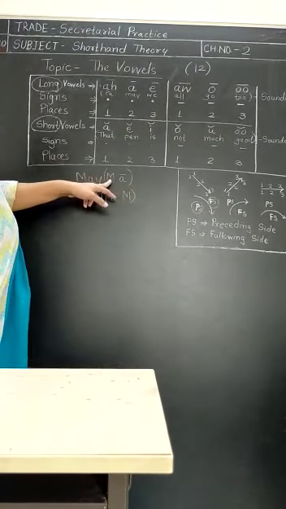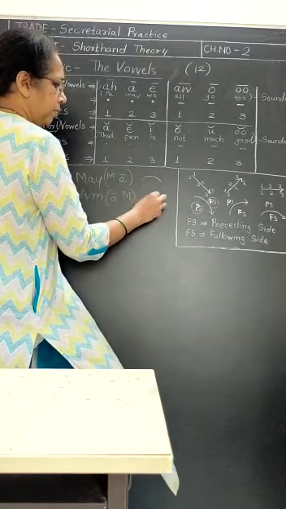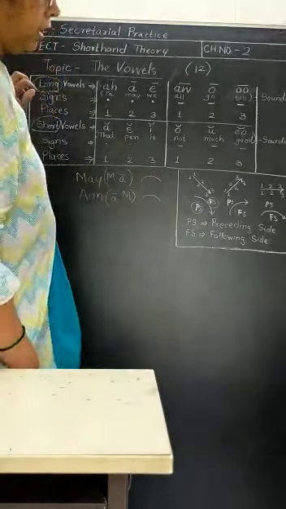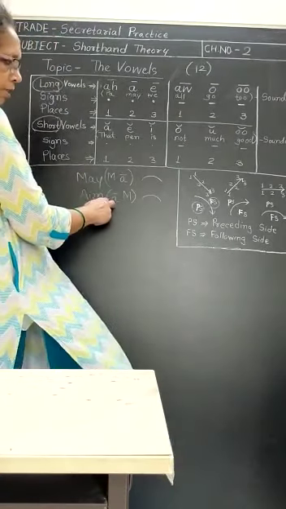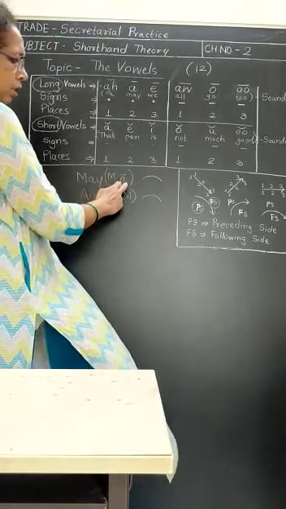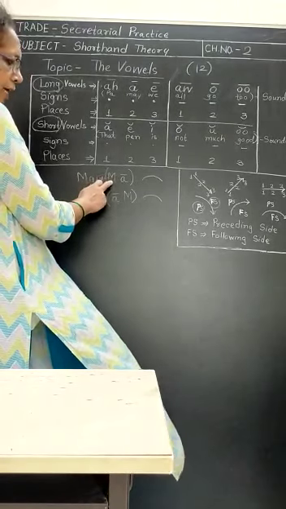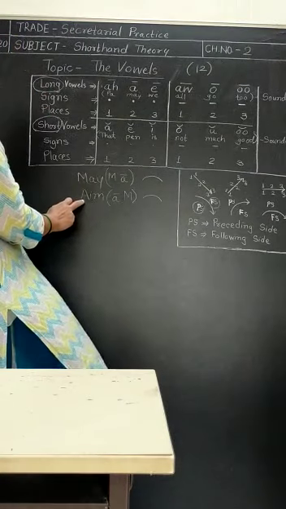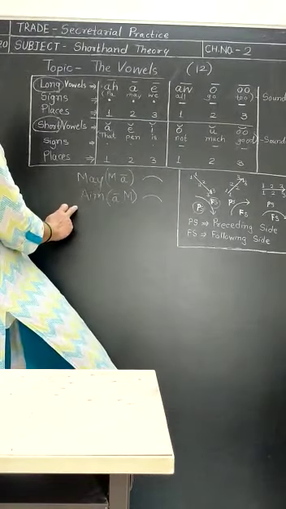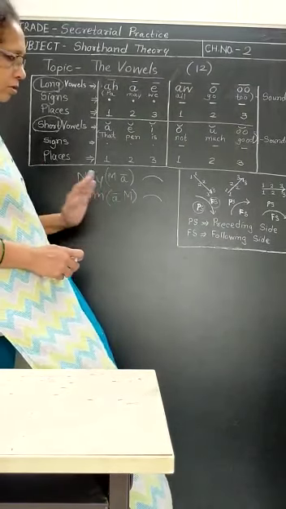The consonant M is written in both words. The vowel A is common, but it is on the following side of M in the word may, and on the preceding side of M in the word aim.